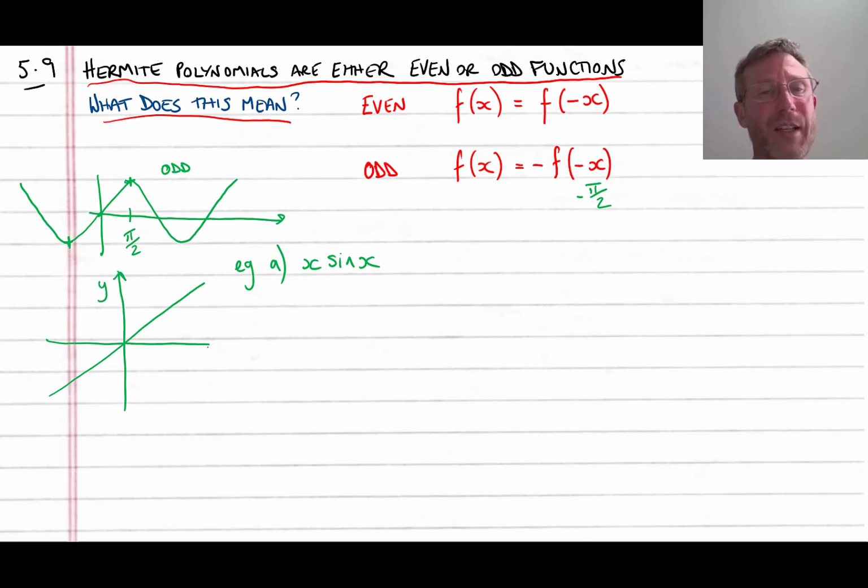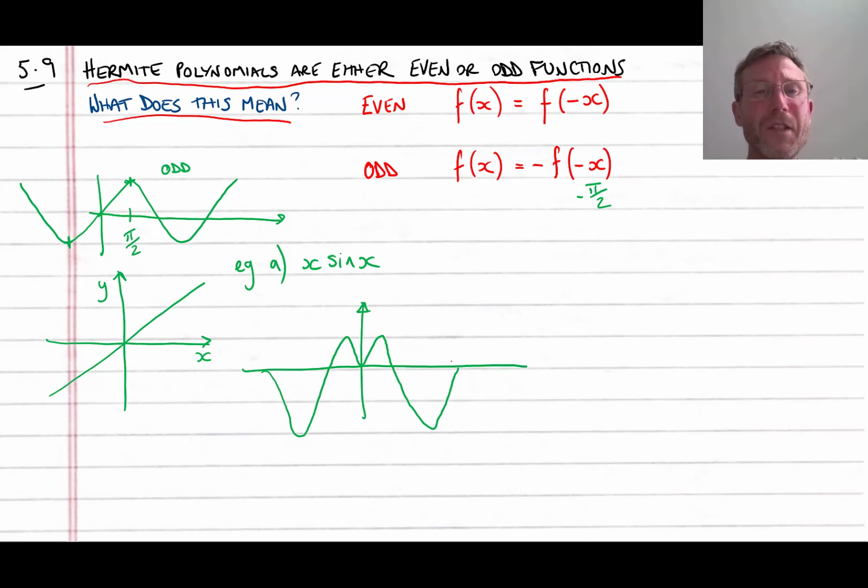Here's our y-axis, and here's our x-axis. When I multiply these two together, I'm going to get some function that looks something like shown down here. So think about what this looks like. I'm going to get something that looks something like this.